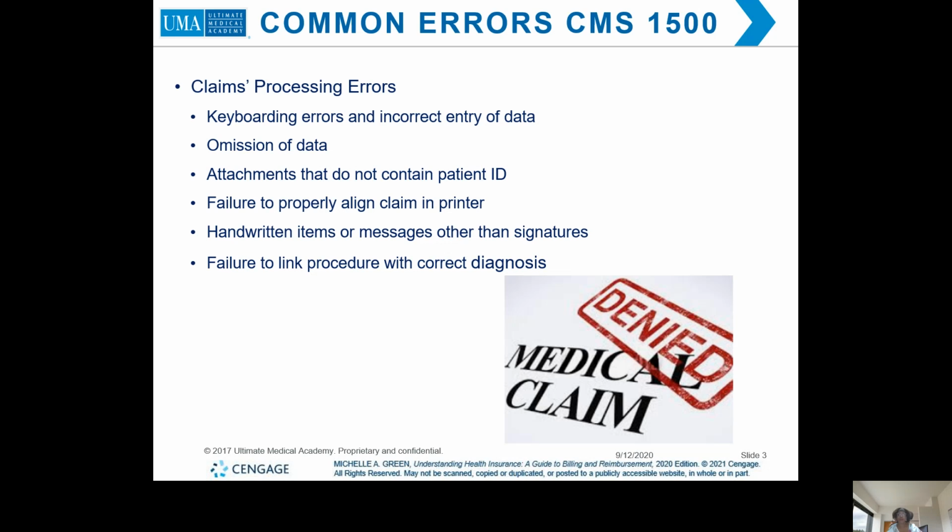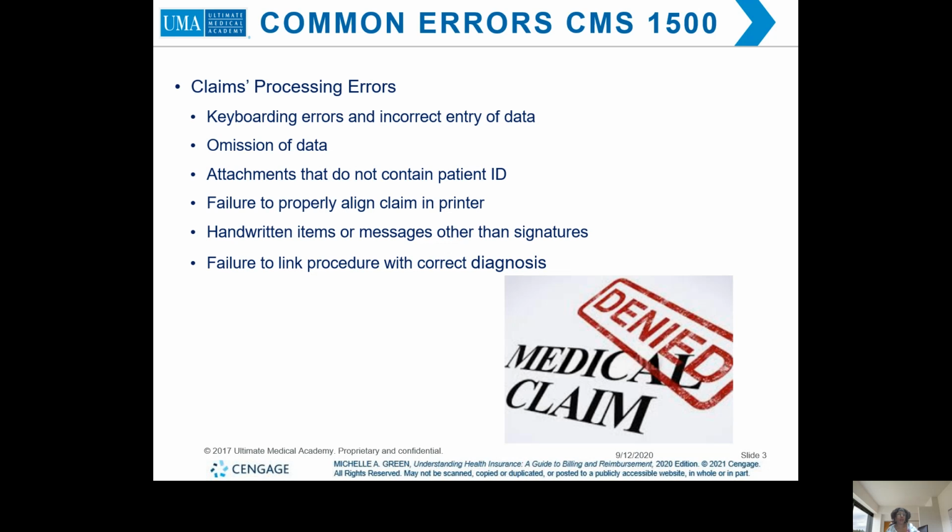That's okay, because there are very few instances when we still have to use a paper claim, so it's okay to know a little bit about it. One of the biggest common errors is keyboarding errors, when we incorrectly enter data or have a misspelling. We also omit data, where we do not put data in the blocks where it is needed.